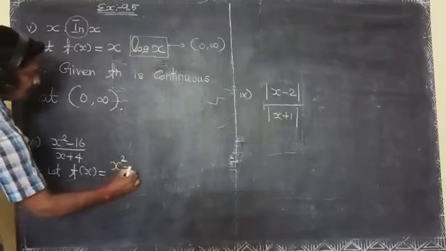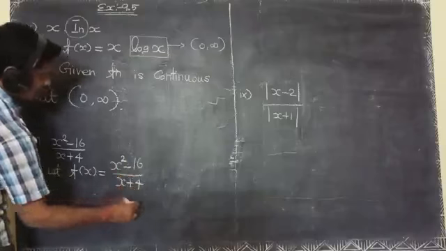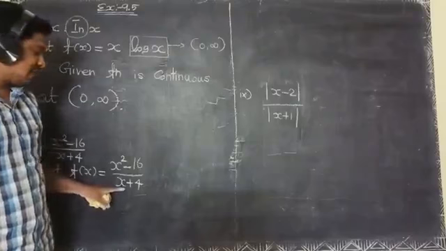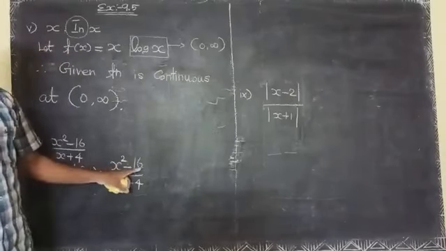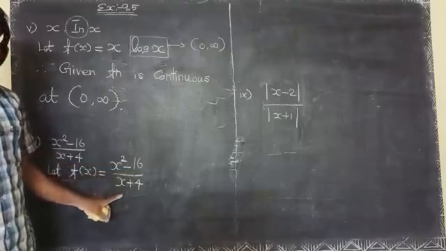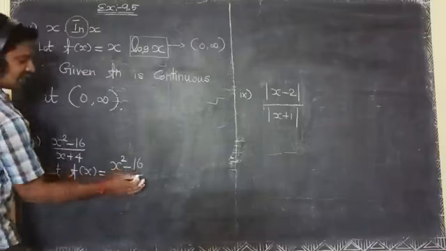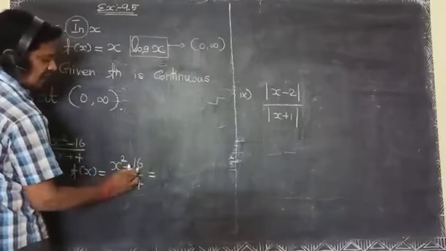Seventh subdivision, let f of x equal x square minus 16 divided by x plus 4. Here replace x equal to minus 4 in the given function. Minus 4 squared is 16, 16 minus 16 is 0. The denominator is also 0. 0 by 0 is an indeterminate form. So simplify the given function: x square minus 16 can be written as x square minus 4 square.